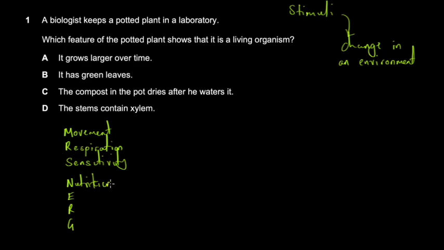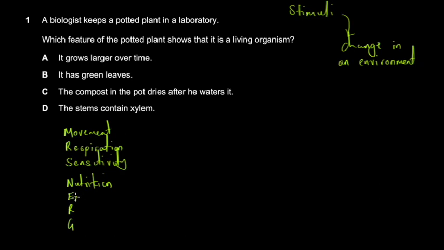Nutrition simply means living organisms must feed on something. For us, it'd be all these nutrients that we want in our bodies. This is something common to all living organisms.